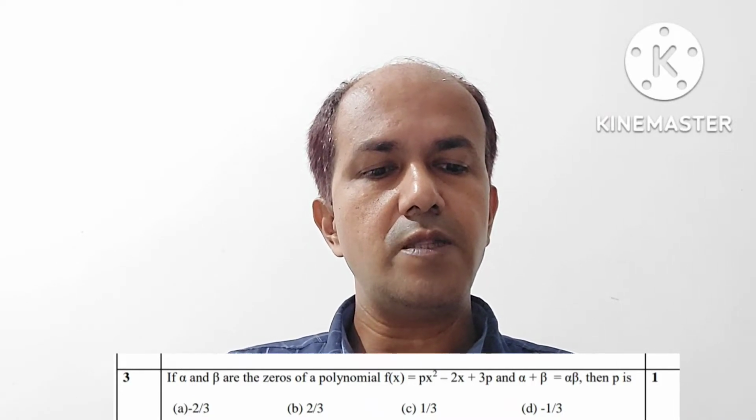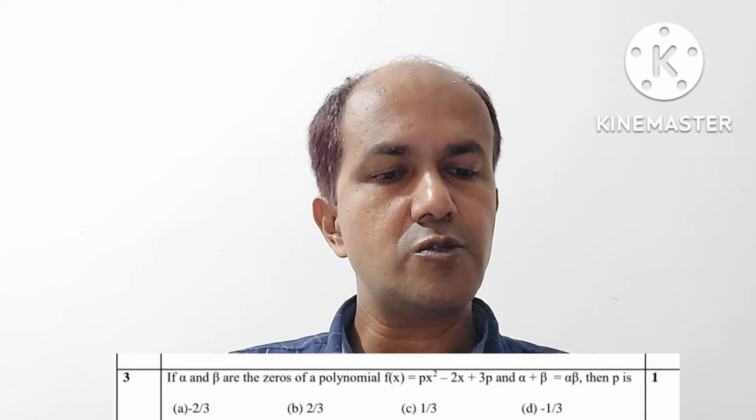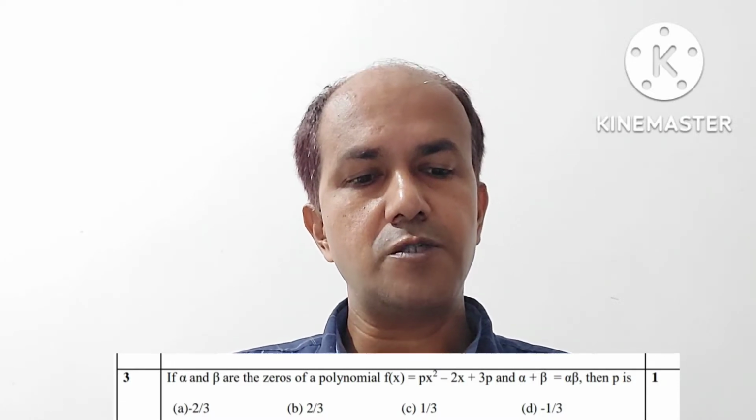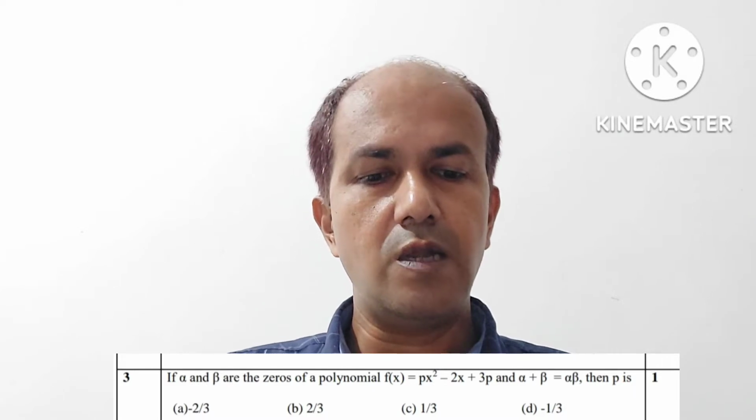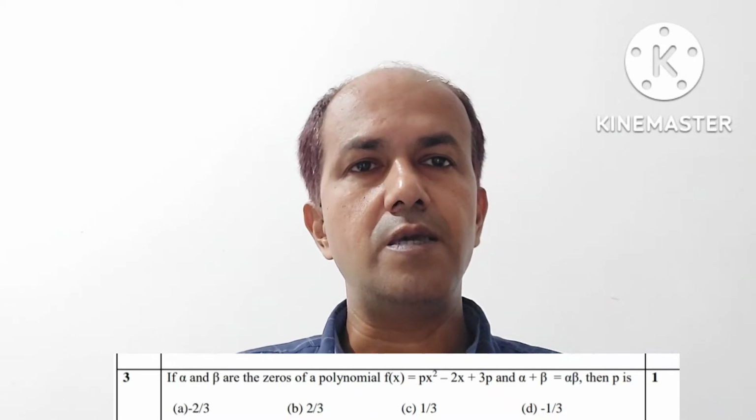Here it is also given that alpha plus beta equals alpha beta. So substitute the values of alpha plus beta and alpha beta, and you will have the value of p. Let us see.